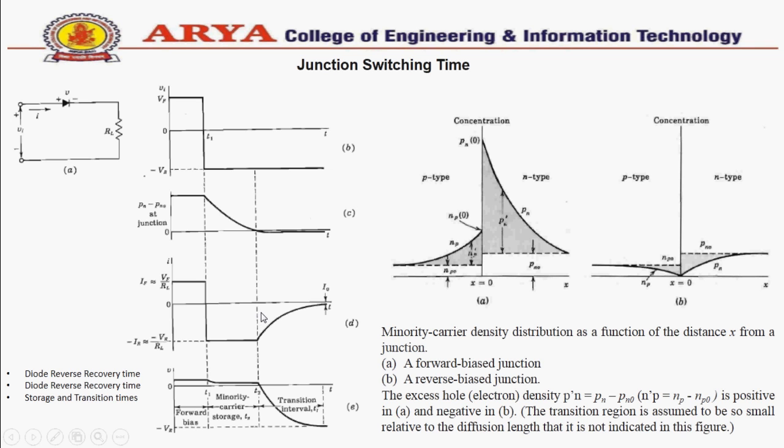If the specified value of RL is larger than several hundred ohms, ordinarily the manufacturer will specify the capacitance CL shunting RL in the measuring circuit used to determine TRR. Commercial switching type diodes are available with TRR in the range from less than a nanosecond up to as high as 1 microsecond in diodes intended for switching large currents. This switching time also represents how fast the diode is.